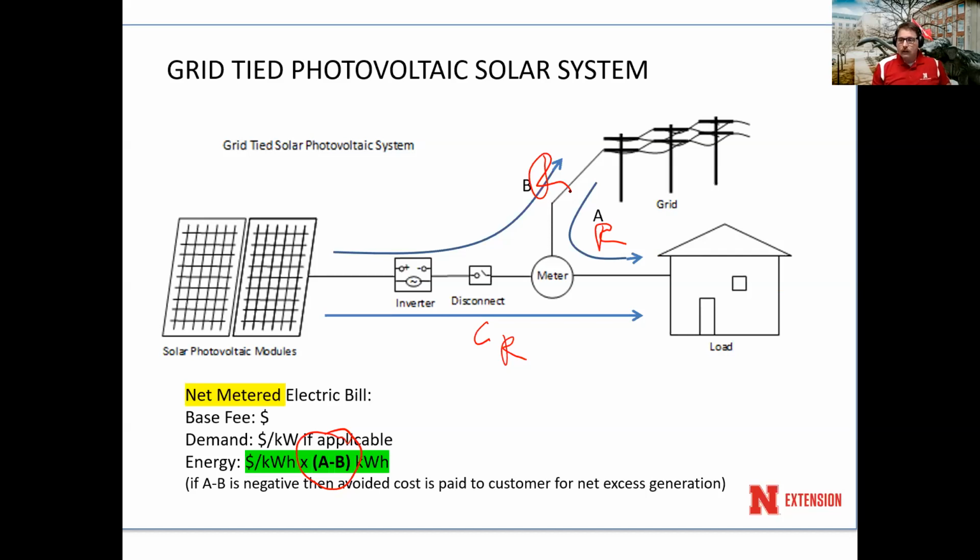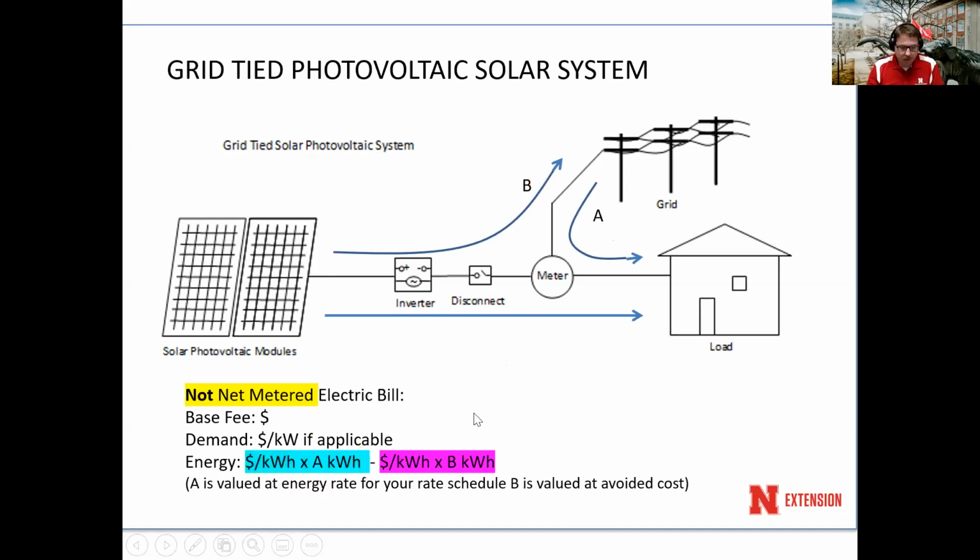Let's imagine a situation where Nebraska, for some reason, got rid of net metering, or you live in a place in Nebraska where the utility has exceeded how much net metering they're required to offer, and thus the system is not net metered. So we're going to go to a not net metered system and look at it on the next slide.